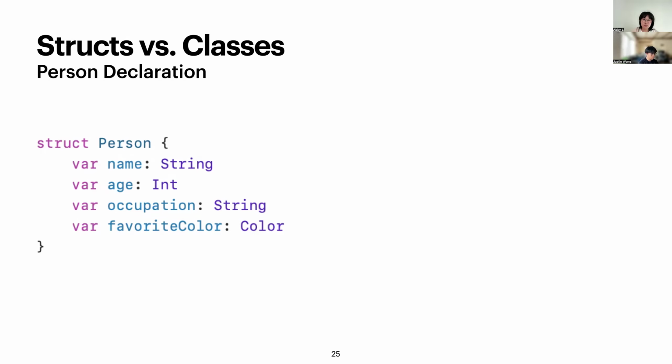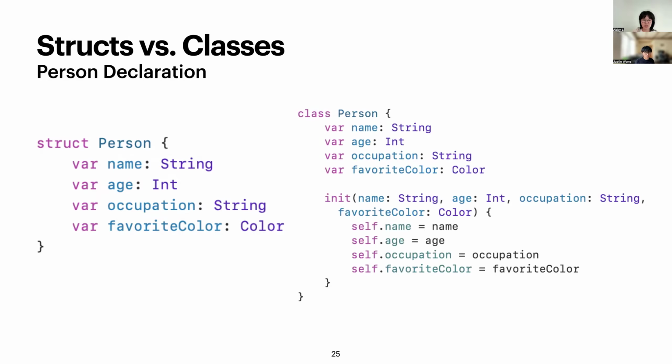So here we are setting up the comparison using the same person example. That makes it easier to isolate the real differences, because the data itself stays the same while the underlying semantics change. First, structs and classes have a lot in common.